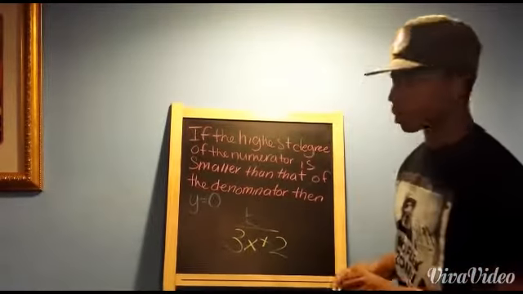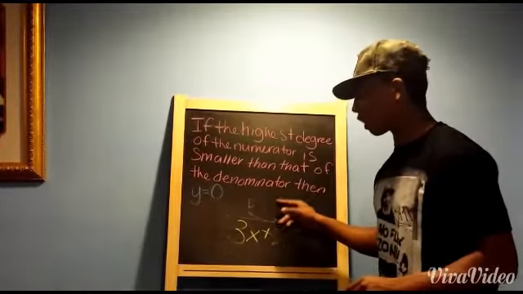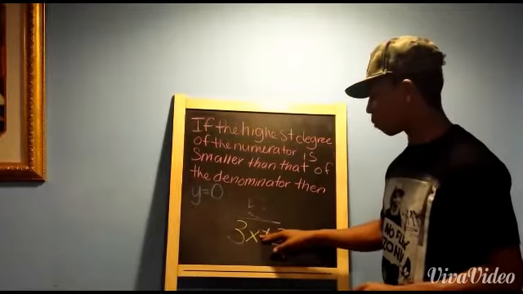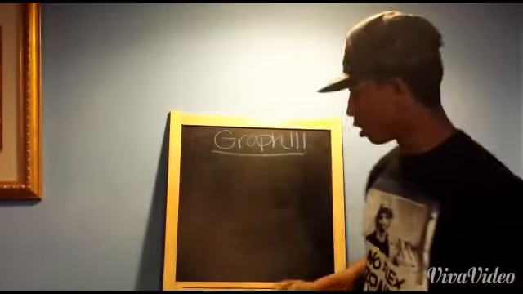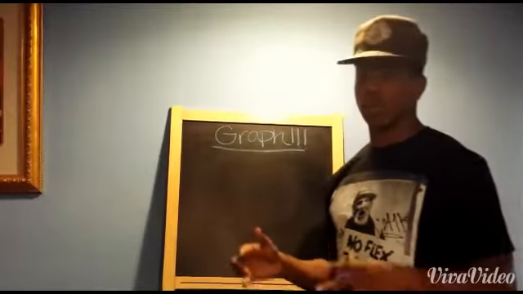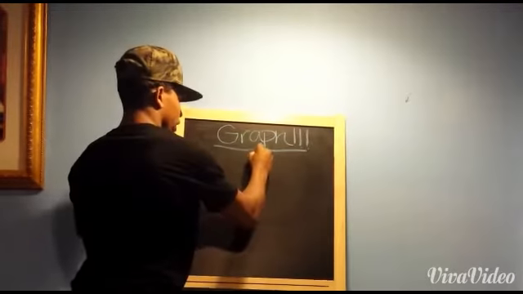So in this problem, considering that the numerator has a lower degree than that of the denominator, y will equal 0. So now we're going to see what this looks like when we graph it, okay? We're going to graph this a little different than we do regular, so let's see how we do. So you want to draw a graph.